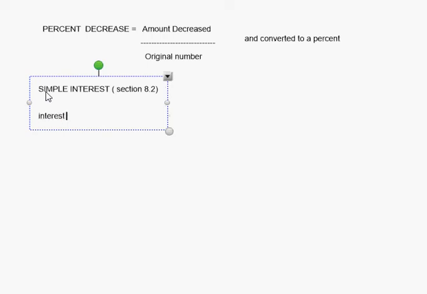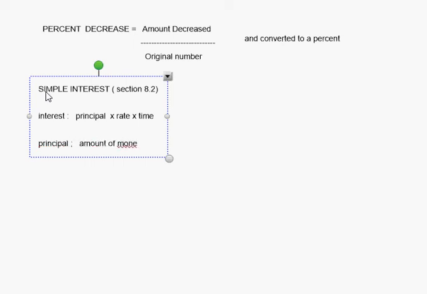Interest is the same as finding principal times rate times time. Now, principal is the amount of money you start with. Rate is your annual interest rate written as a decimal. Time is the number of years. So principal is the amount of money we deposit or borrow.